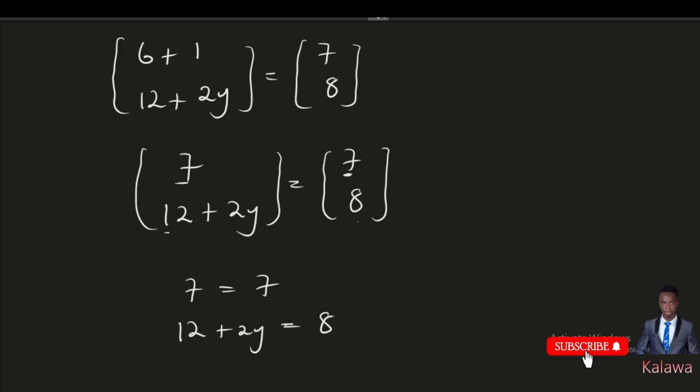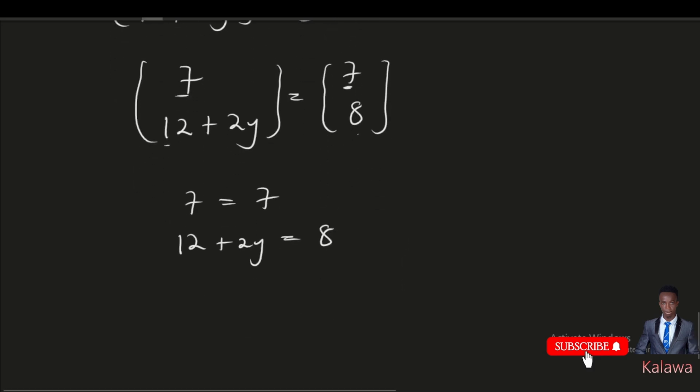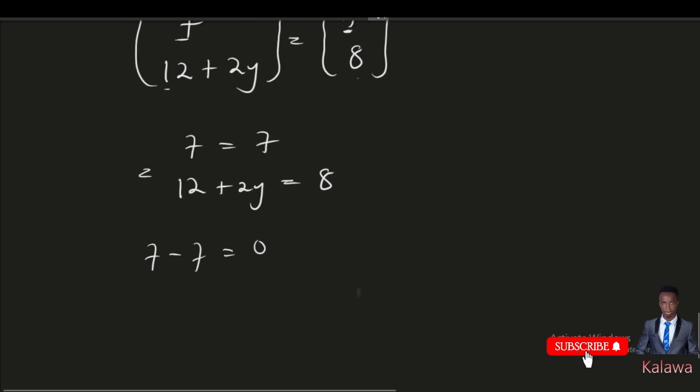Remember, 7 equals 7. The same as, let's say, we transpose, this is going to be 7 minus 7. And what is going to be here? 0. So 7 minus 7 is actually 0.